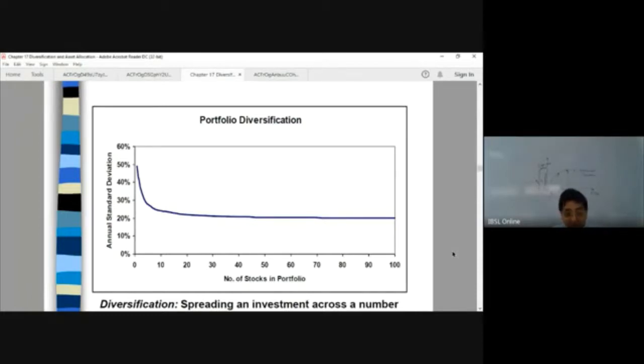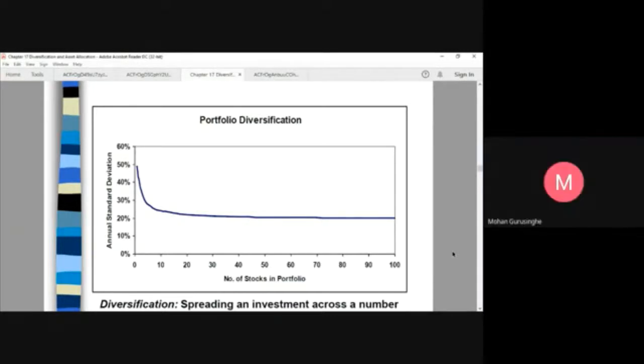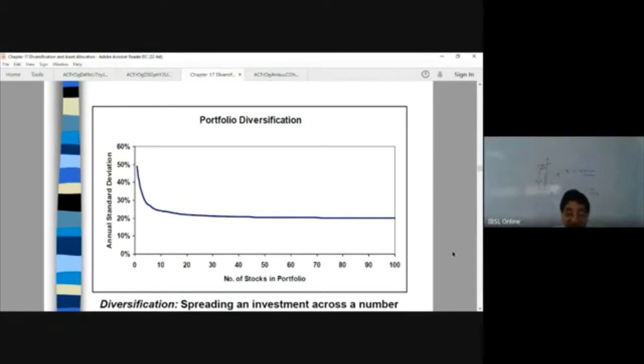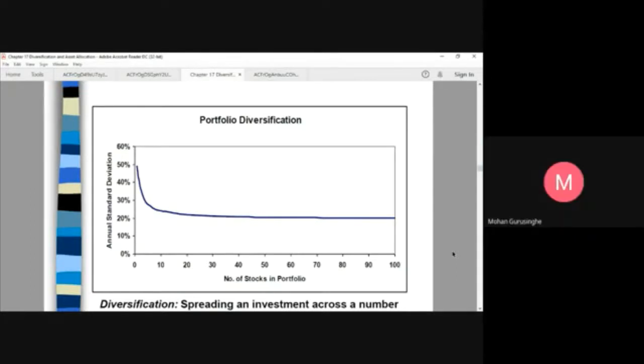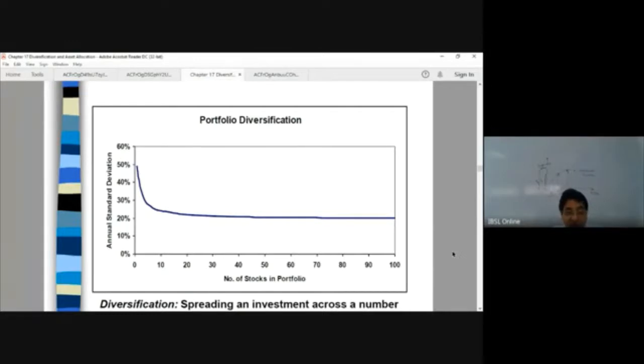Can you see at what point the curve becomes parallel to the x-axis? I'm just asking you. 20. Yes, 20. 80 or 20? 20. You say 20.